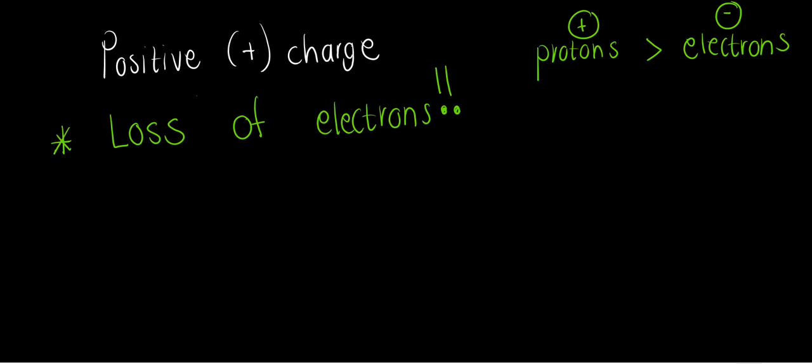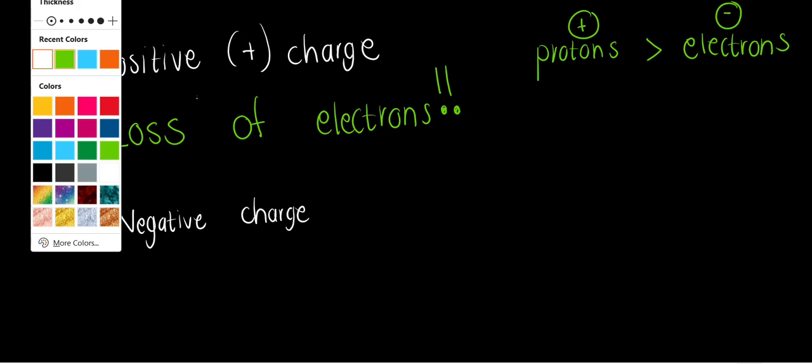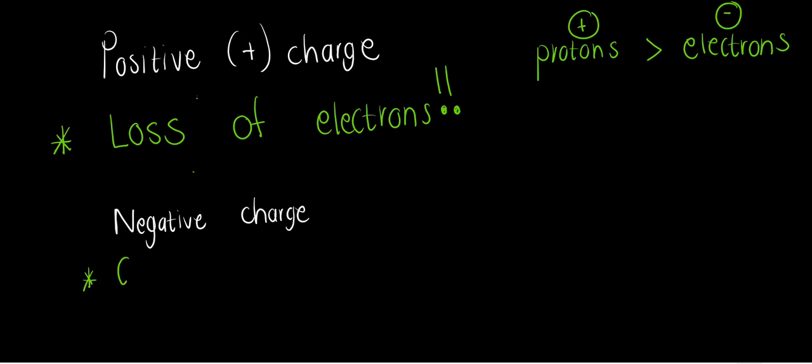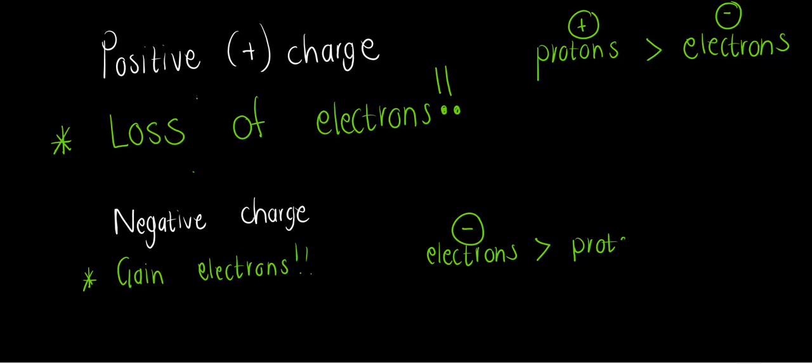And then how do I get a negative charge? I must gain electrons. And then what's happening now? The electrons, that's the negative charge, are more than the protons. And this is how we get charges.